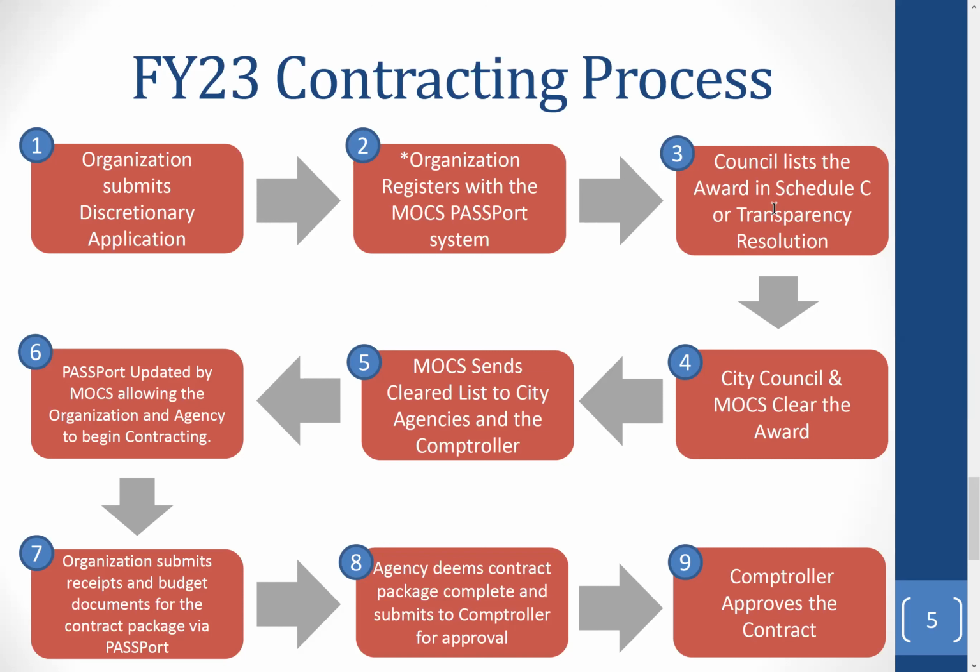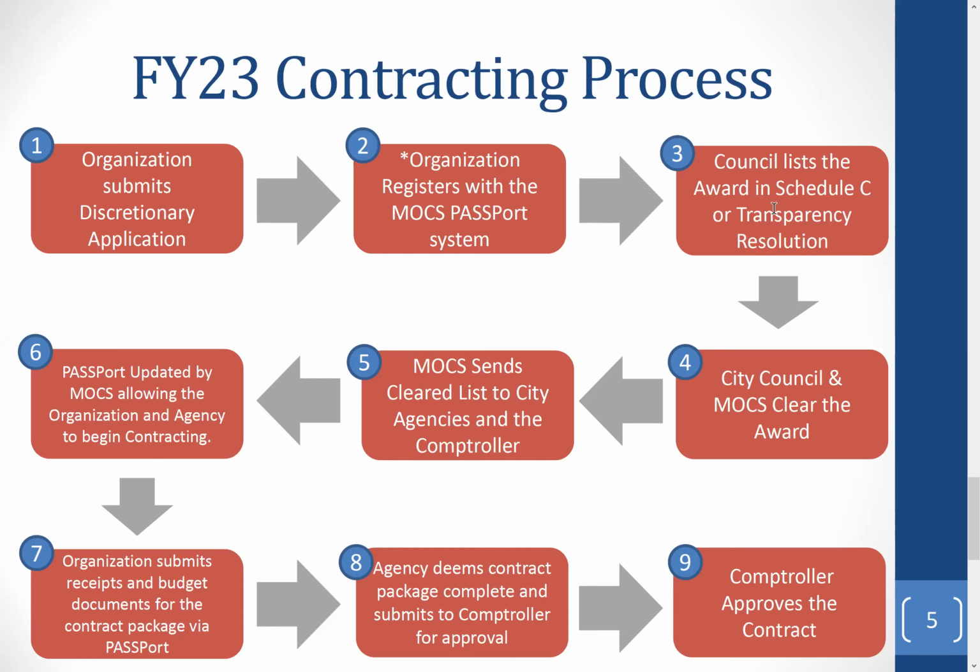Also, one thing I am failing to mention is the capacity training. In the event an organization is receiving 10,000 or more from the city council, they are required to complete a capacity training with Mox. That's offered virtually, and the organization can take that at any time.